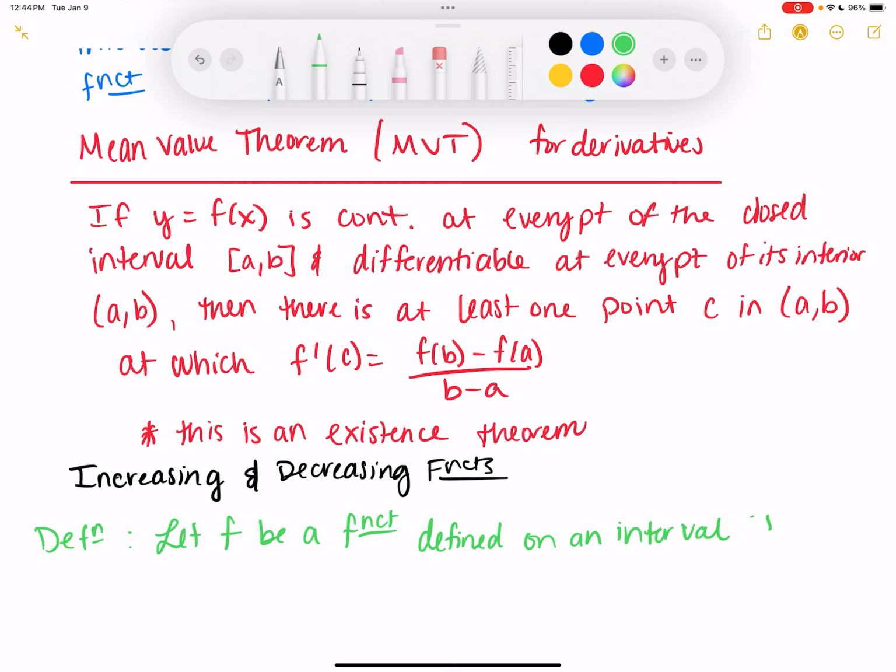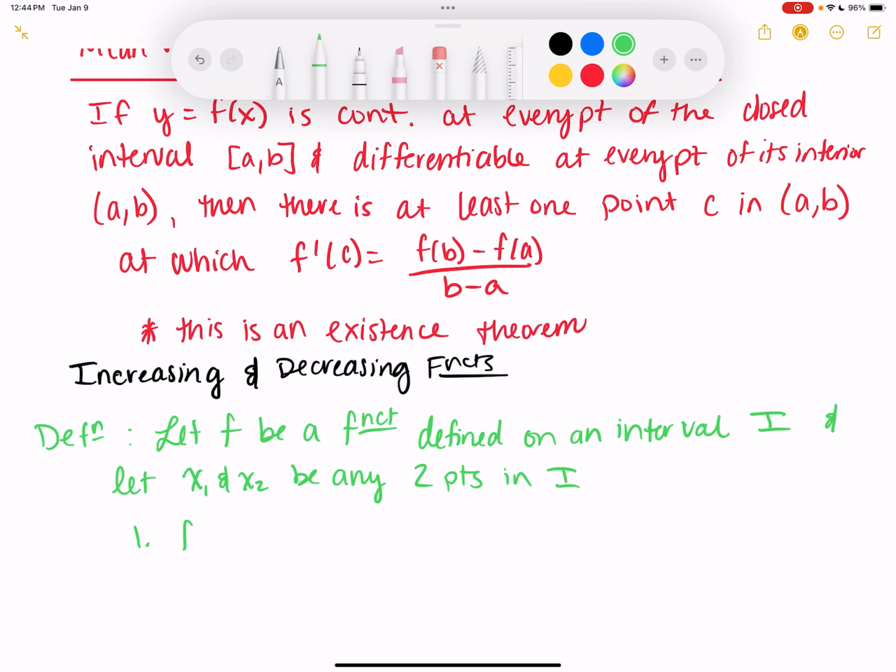And I'm going to call that interval capital I, and let x1 and x2 be any two points in I, so in that interval. Then f increases on I if x1 is less than x2, which would then imply that f of x1 is less than f of x2.